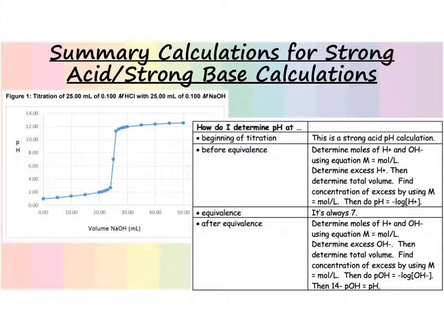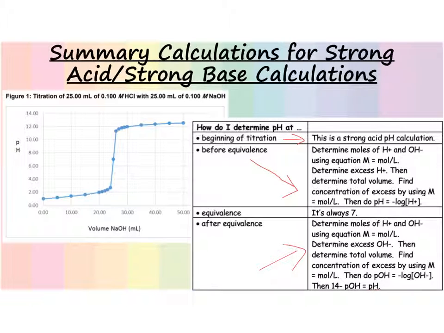So here's basically the summary for how to do strong acid, strong base calculations. At the beginning of the titration, this is just a straight strong acid pH calculation: negative log the concentration of your acid. Before equivalence and after equivalence are done very similarly.